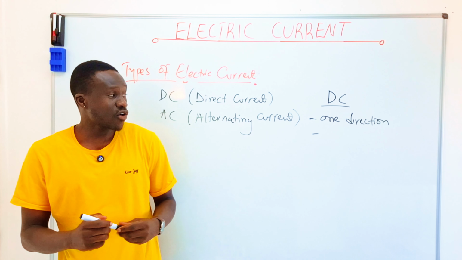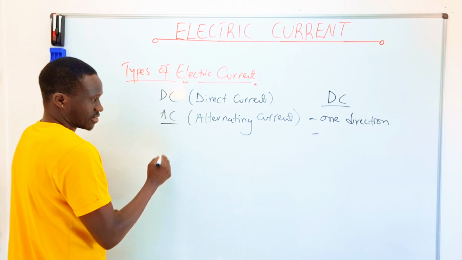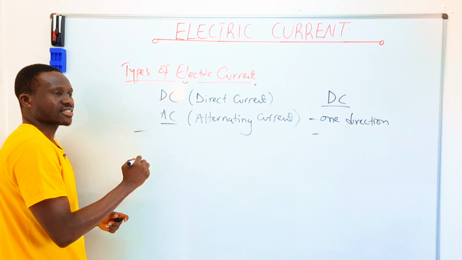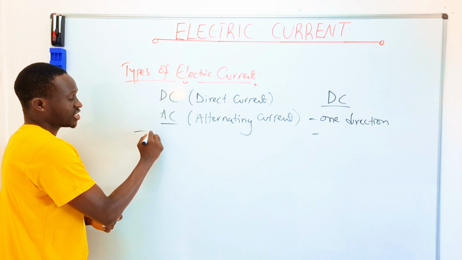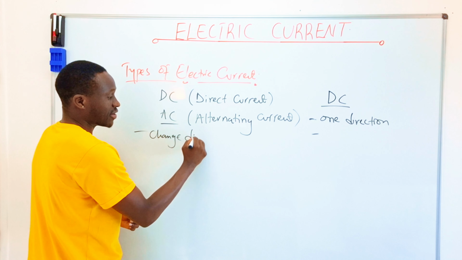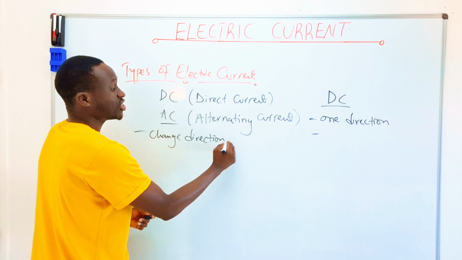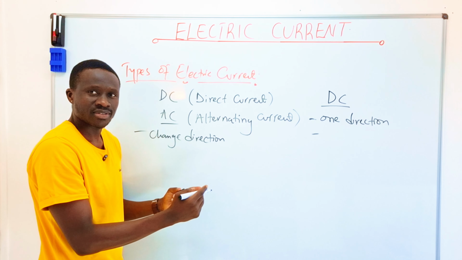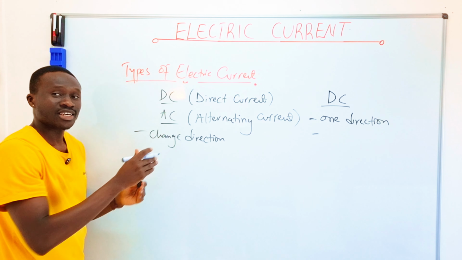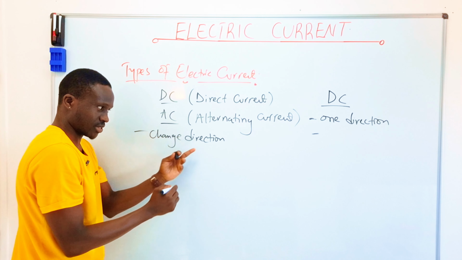Now, for AC, alternating current, one of its characteristics is that it changes direction. They go and come back. A DC goes direct, but AC changes direction.